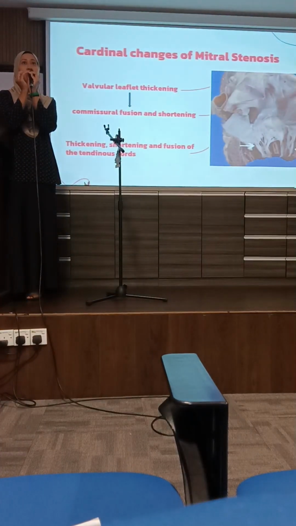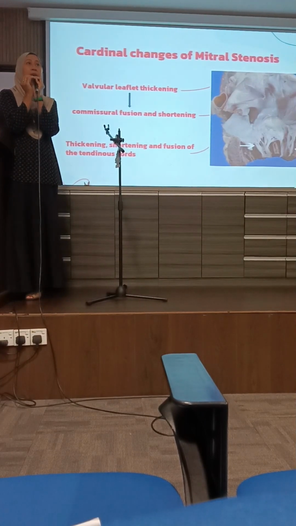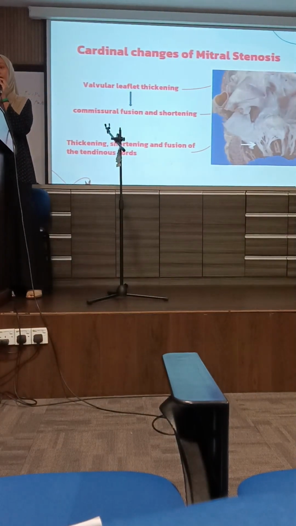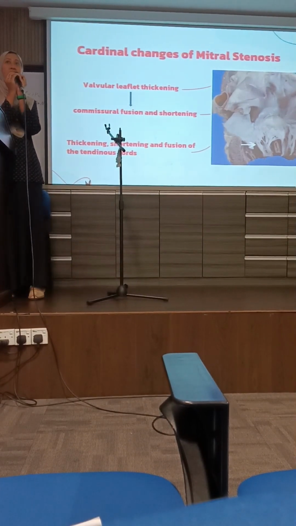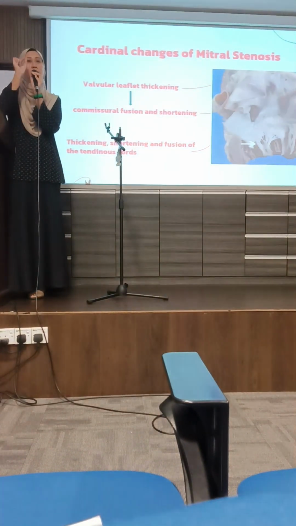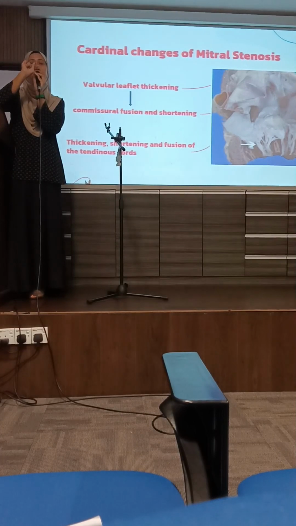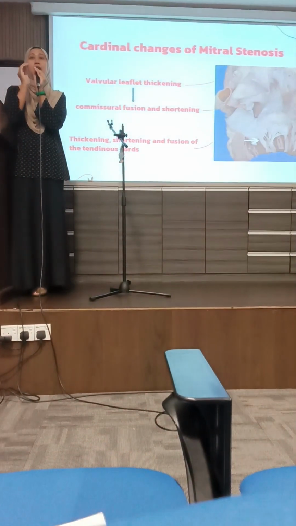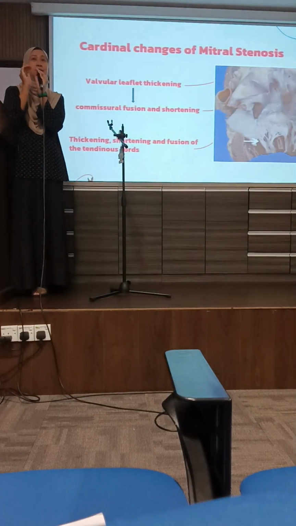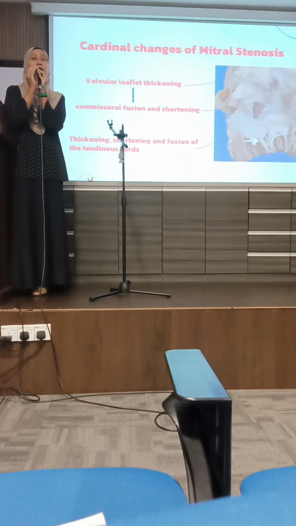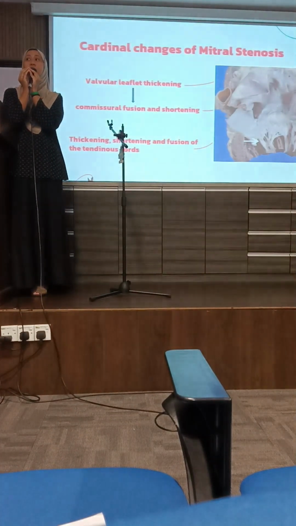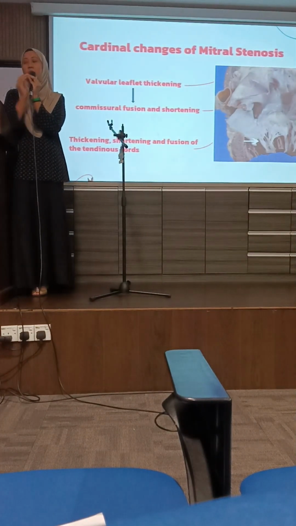So the valves come together and fuse and it causes stenosis. Okay? Besides that, it also affects the cusps of the valves. It can affect the chordae tendineae as well, or the cords, and this also causes thickening and shortening of the cords. Okay?